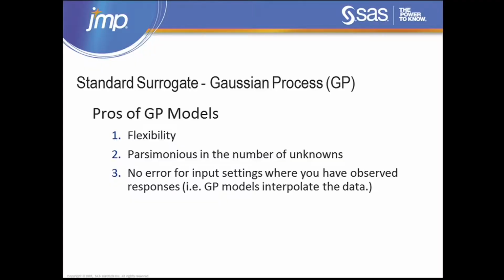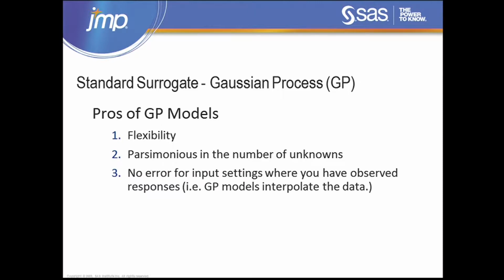So the standard surrogate model, and maybe I should say the standard design before you get to the model, this standard design is some sort of Latin hypercube design, and the standard model is a Gaussian process model.